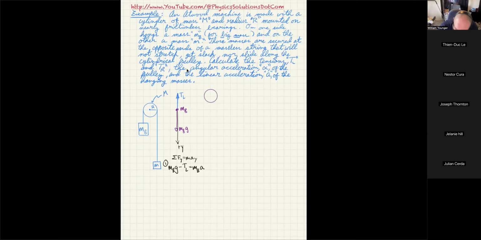And there's my pulley. The way I have it drawn, I'm going to say there's a torque caused by this tension right here.